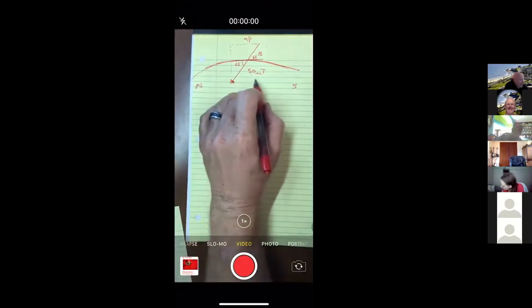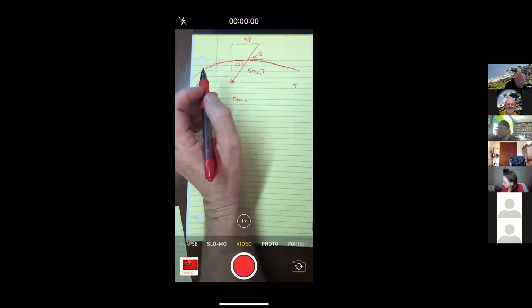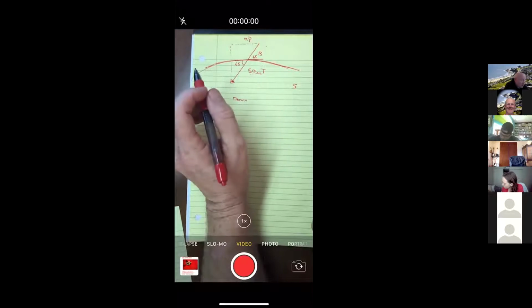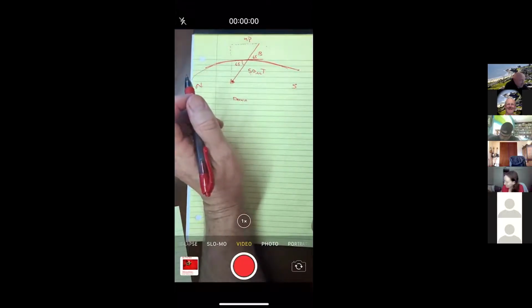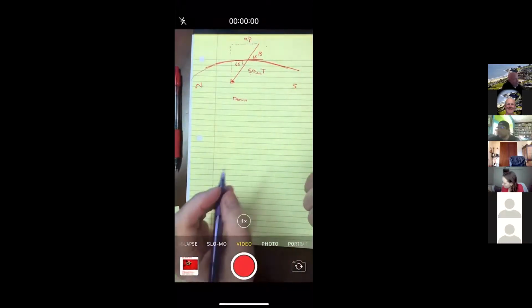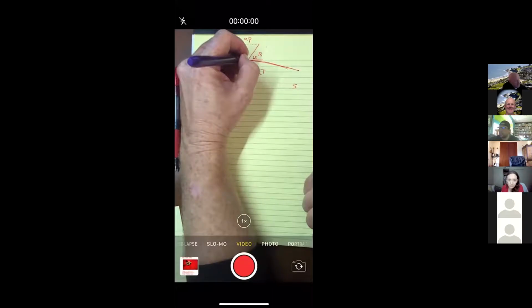We have a magnetic field from the Earth of about 50 microteslas, and an angle down about 65 degrees. Now, maybe I'll change colors, because if I'm driving a car on a horizontal road, my antenna is vertical.